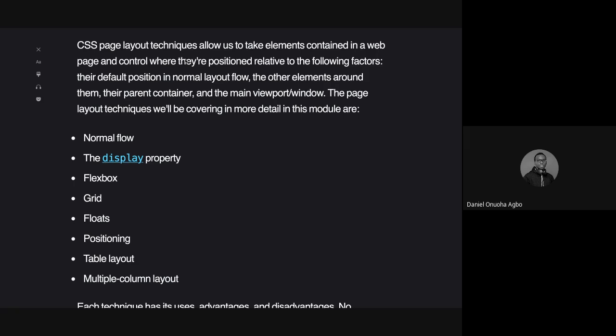You get an element that is a block level element, you change it to behave like an inline level element. So we will look at the normal flow, display properties, flexbox, the grid, floats, positioning, table layout, and lots more.